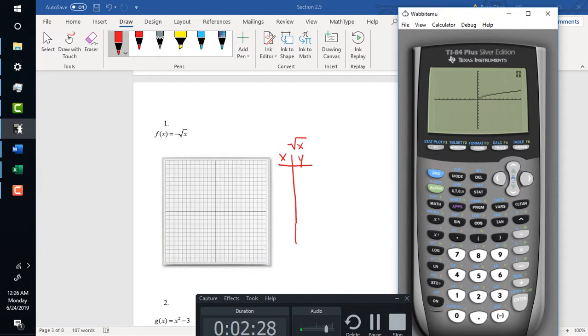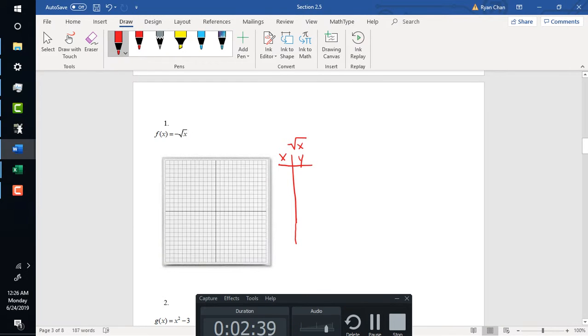I just want to know specific points. So obviously 0, 0, 1, 1, 4, 2, 9, 3 would work. So I'm going to show this to you. This is going to be 0, 0, 1, 1, 4, 2, and 9, 3. Those are some of my points, okay?